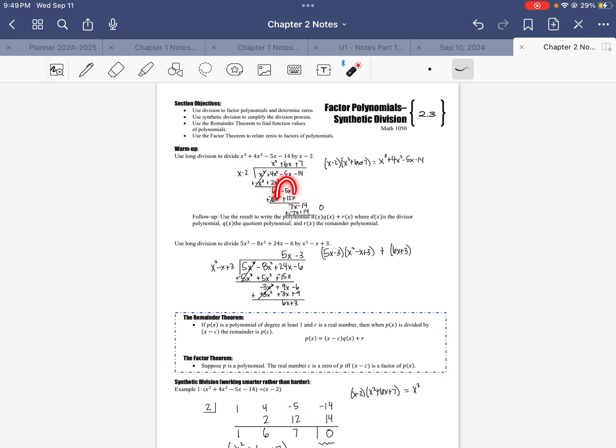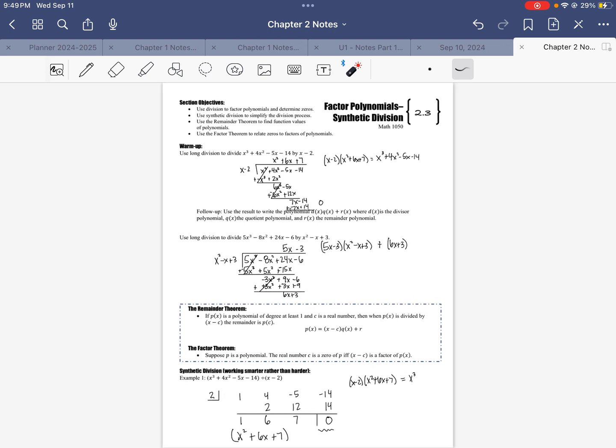And then, of course, we do negative 5 plus 12. And we get our 7. So here's your 7. So 7 times 2 gave us the 14 that shows up here. And we add down and get 0, just like there. So that's why this process works, okay? But again, it's using the coefficients instead of the full-fledged polynomial.